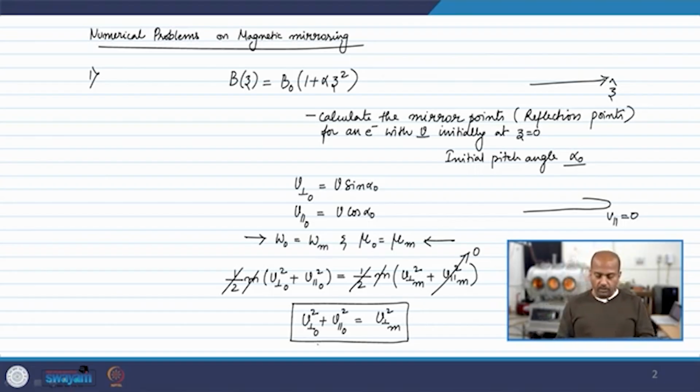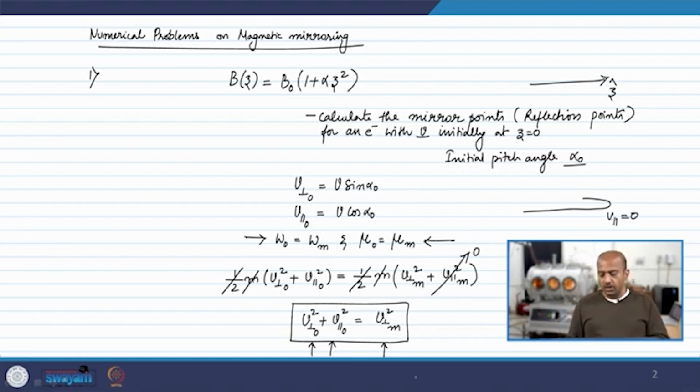Initially the velocity parallel and perpendicular components will exist, but at the mirroring point only the perpendicular component will exist. But what is important for you to understand is that this equation is valid just at the mirroring point on the right hand side, and the one on the left hand side is valid everywhere but the mirroring point, right.